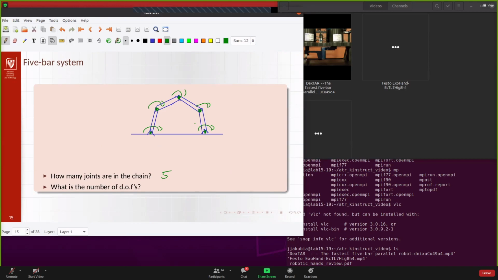Who will agree that those are 2? Yeah, so it is more than 1.